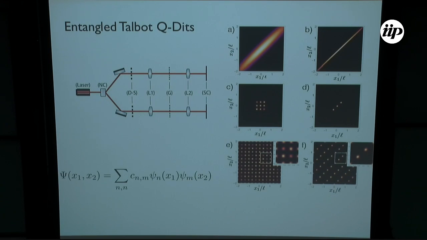But at this point I would like to stop a little bit because the entanglement here is going to be basically the entanglement that you obtain from the nonlinear crystal source, and then you are going to transform this into this basis that I just defined, which is the Talbot basis, and then somehow the entanglement is already there, but we are going to analyze it, or create it and generate it in a different basis.